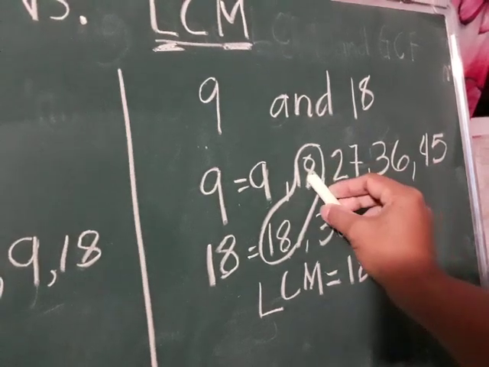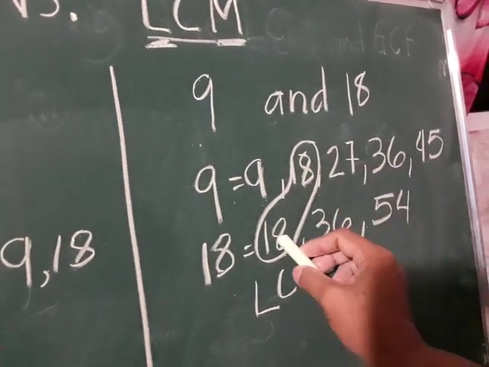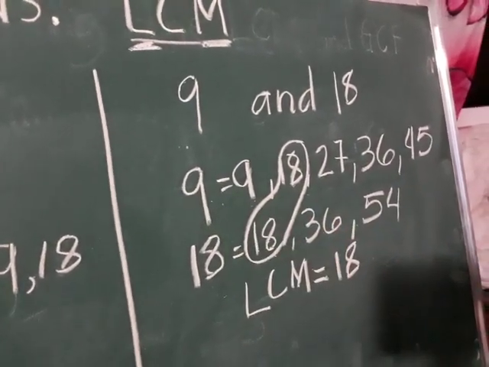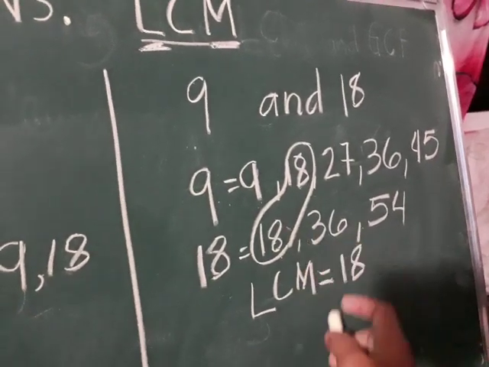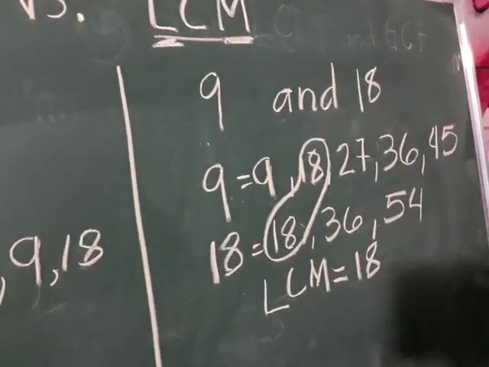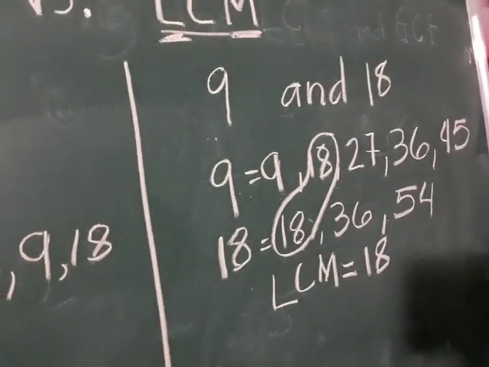Common means they are both in the given numbers. So in here, 18. Let's proceed. So that is by listing method.